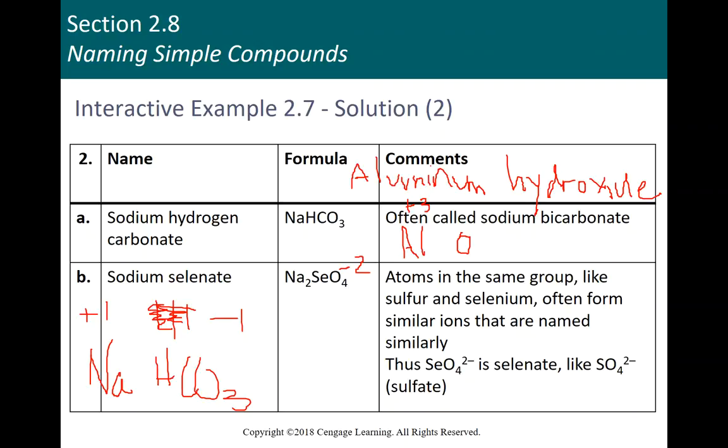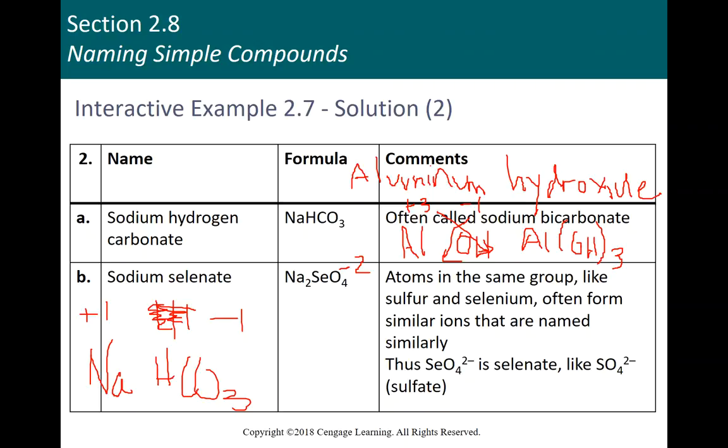Hydroxide is a polyatomic ion, so it is OH, and as a whole it has a -1 charge. If I crisscross, I end up with 1 aluminum and 3 hydroxides. Since I have multiple polyatomic ions, I need to put parentheses around that polyatomic ion before I add the subscript, because I have 3 of those units. So parentheses are used when you have multiple polyatomic ions.